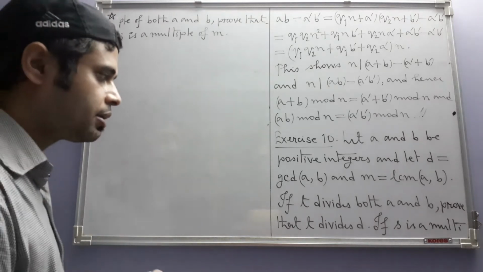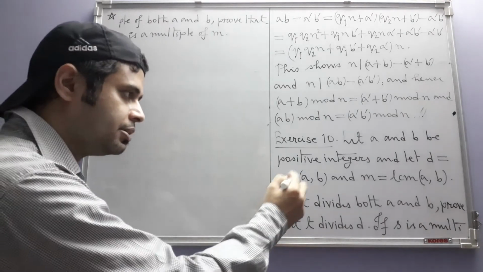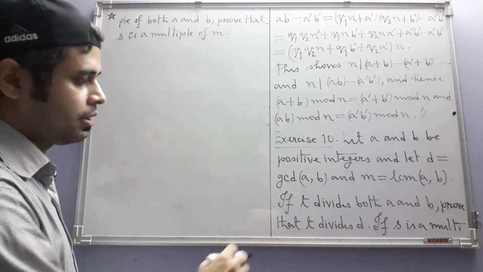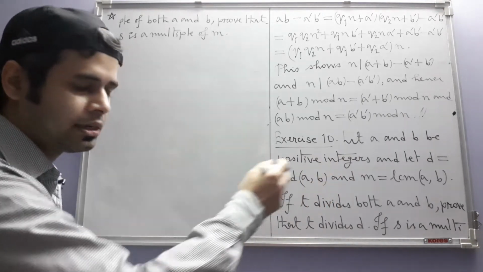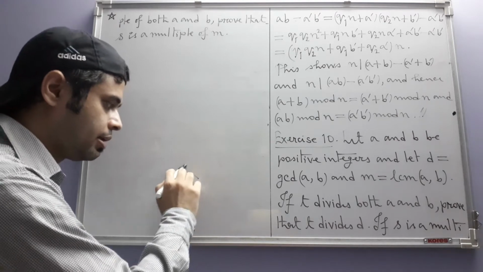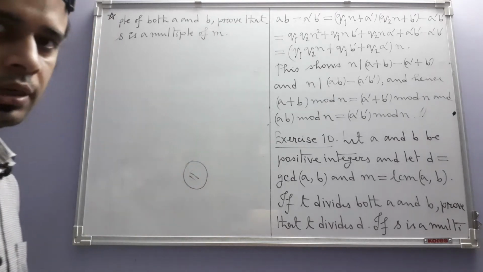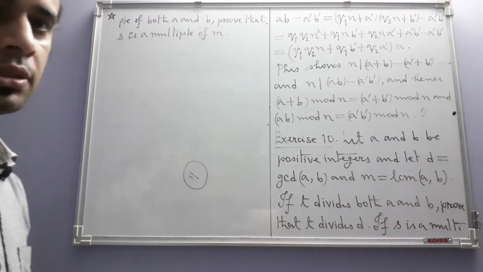So in terms of divisibility also, someone can define GCD and LCM, and this exercise shows that our definition of GCD and LCM using the order relation in the ring of integers implies this other definition.